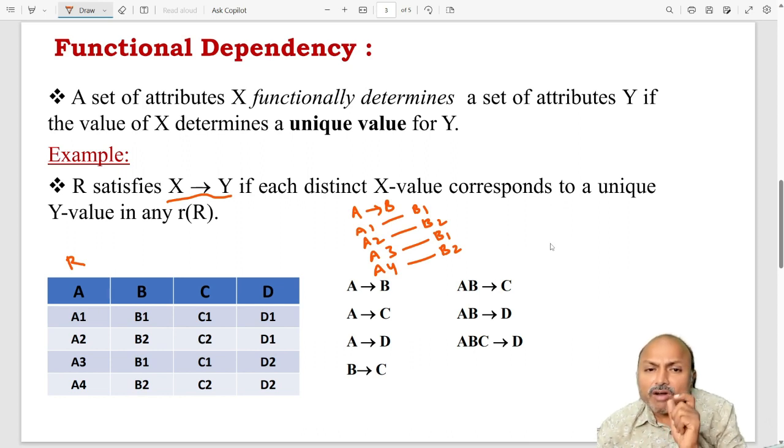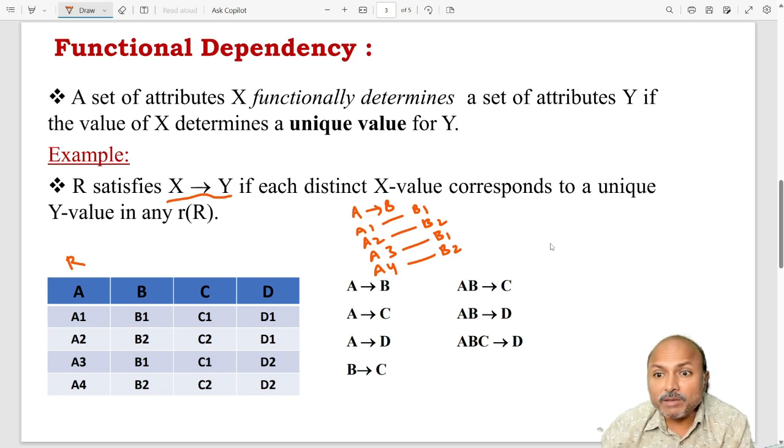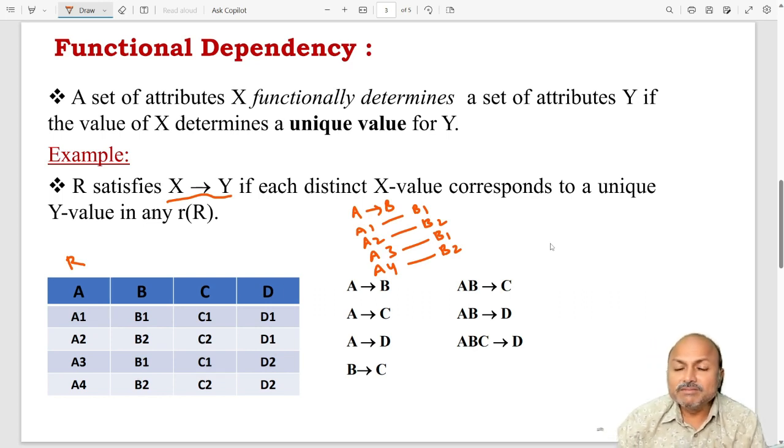For each value of the left side, you must have only one value on the right side, then that functional dependency holds. For example, in a classroom, I will ask, suppose roll number 21, stand up. If two people stand up, then there is no meaning. If I ask one roll number to stand up, definitely there is only one.